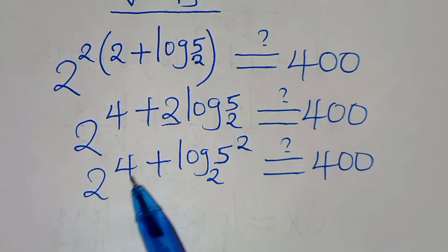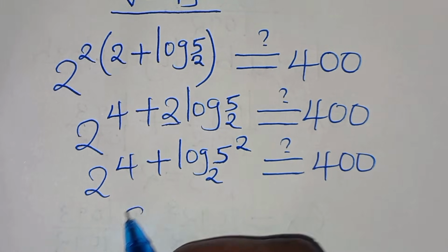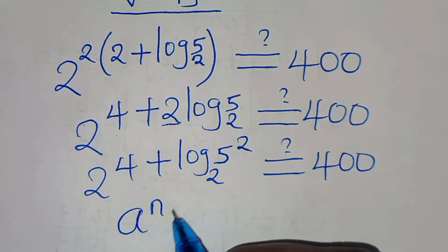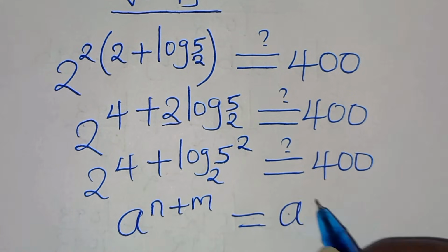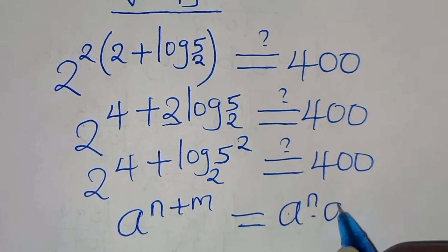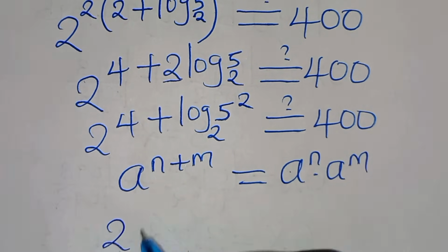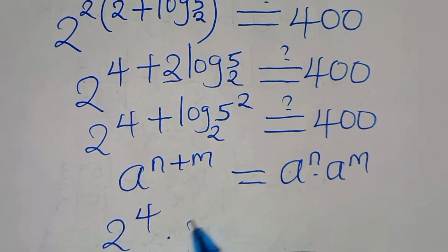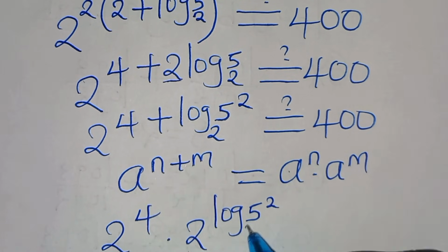So 2 to the power of 4 plus log 5 squared to base 2 is in the form of a to the power of n plus m, which we can express as a to the power of n multiplied by a to the power of m. So we have 2 to the power of 4 multiplied by 2 to the power of log 5 squared to base 2.